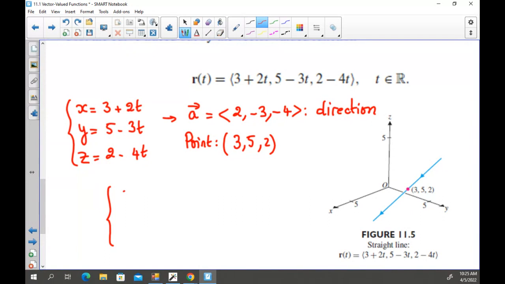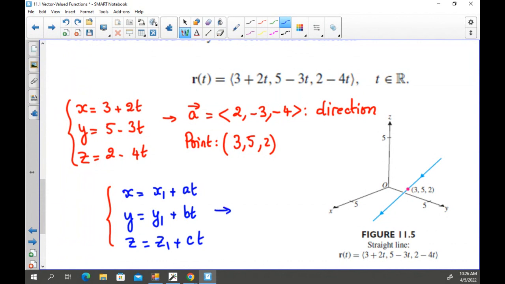If you have equations like this, x equals x1 plus at, y equals y1 plus bt, and z equals z1 plus ct, then these equations describe a line which goes through the point x1, y1, z1 in the direction of the vector ABC.